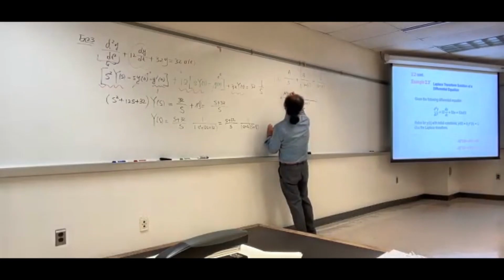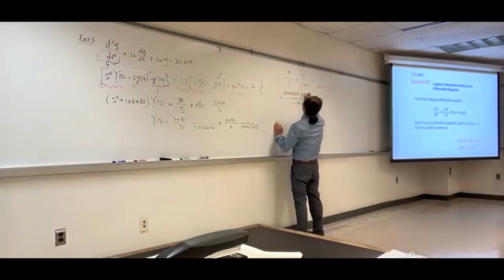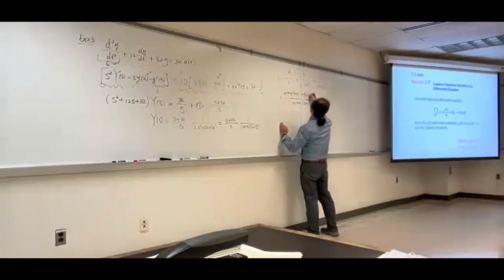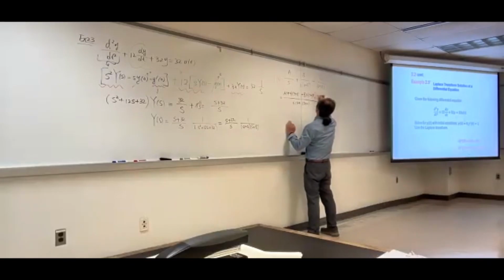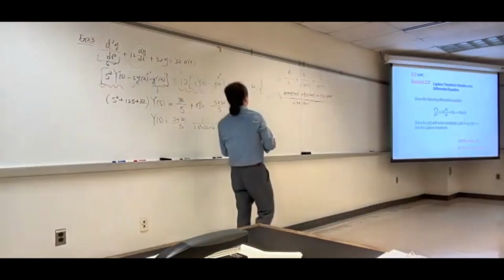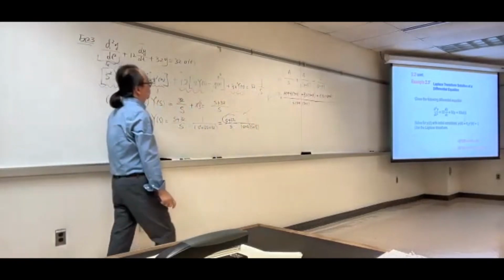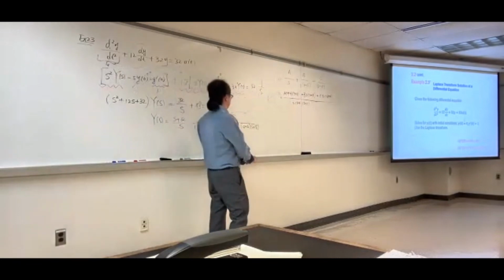Numerator: A(s plus 4)(s plus 8) plus B s(s plus 8) plus C s(s plus 4). So the numerator, s plus 32, should be equal to the numerator right there.